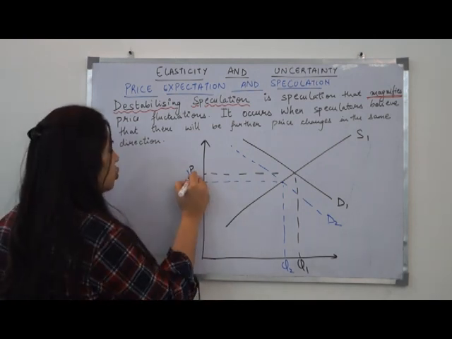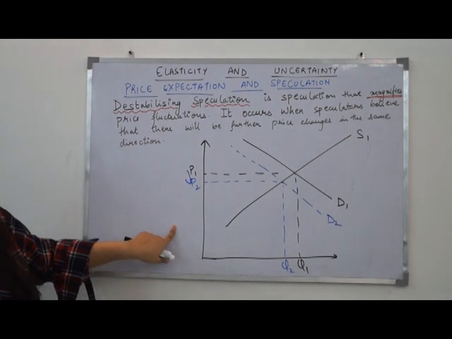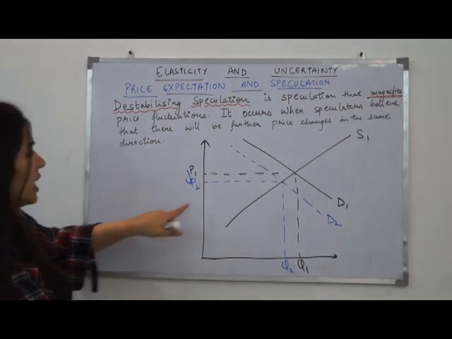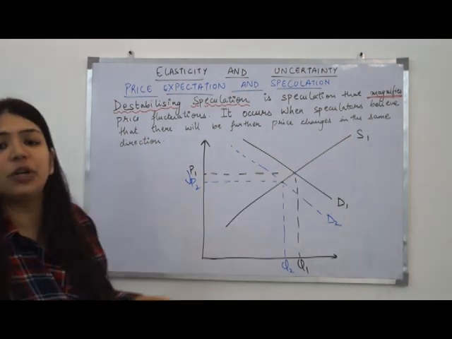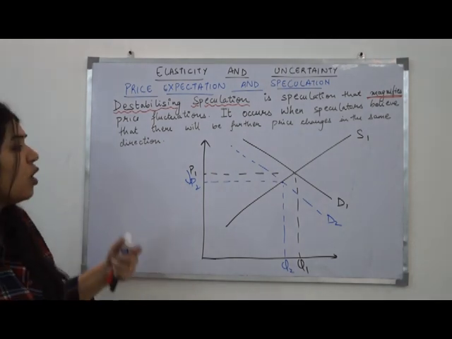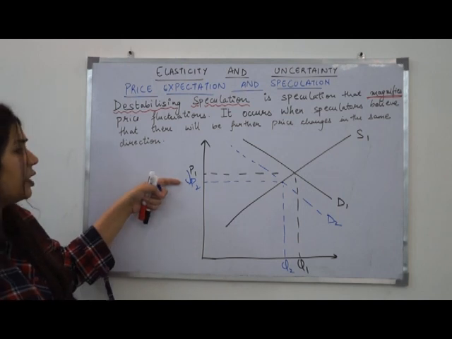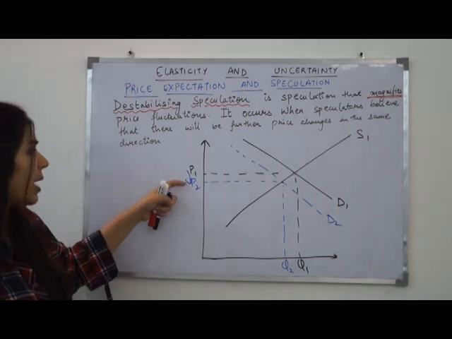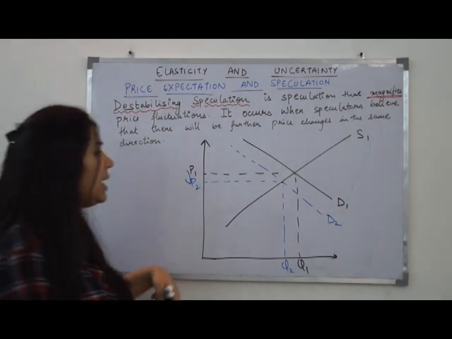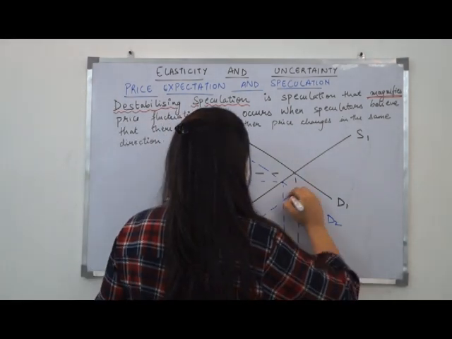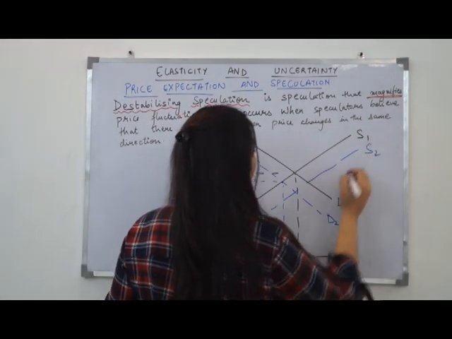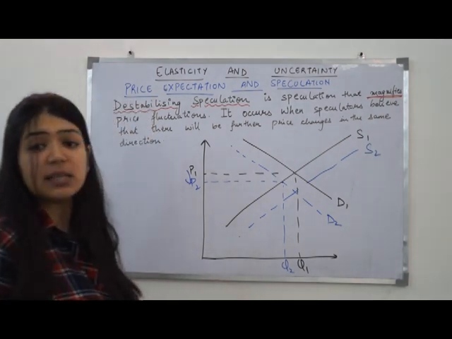So they assume there is going to be an even larger fall in the price. If the producers think that, they try to sell as much as possible at this current price rather than at a price even below this. So they'll increase their supply. They'll shift the supply outward.